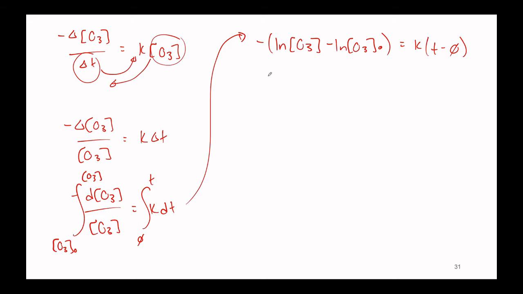So what we're gonna do is take our negative sign and distribute it to each of these things inside of the parentheses. So we're going to have a negative natural log concentration of O3 plus natural log of initial concentration O3, where this little not symbol, I realize I haven't addressed the subscript.